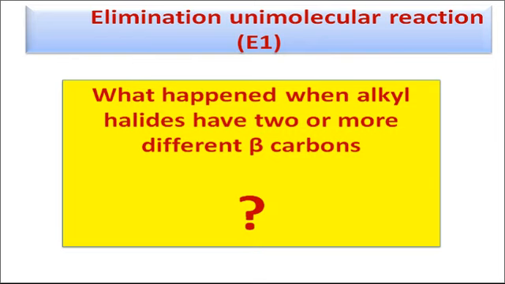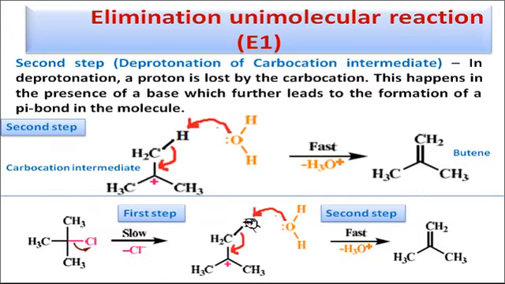Now, the next question that comes to our mind is, what happens when alkyl halides have two or more different beta carbon atoms? Look here again. See, this is the alpha carbon atom, right? Now, in this case, all the beta carbon atoms are the same. So there is equal probability to eliminate hydrogen from here or here or here.